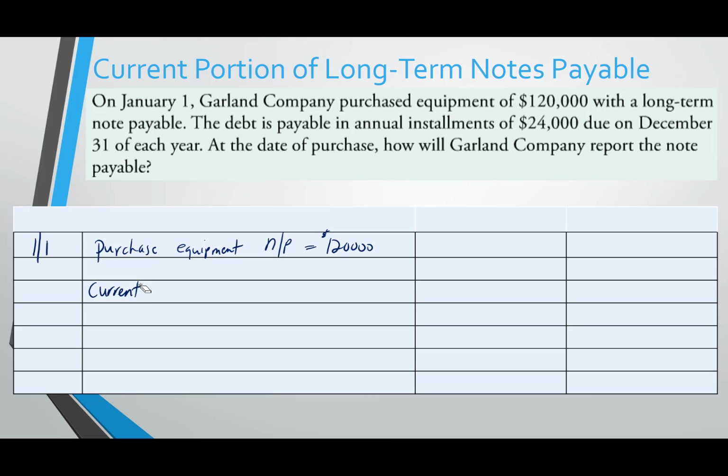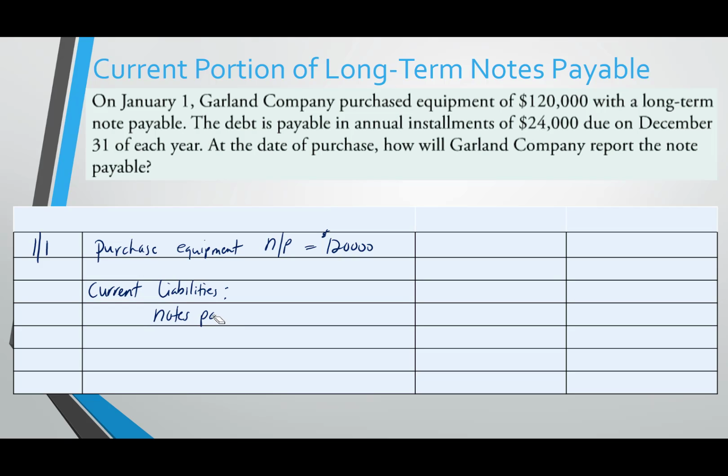So the way we would look at this, current liabilities, let's take a look and see how this would work. So we know that the first installment is due on December 31st of the current year.